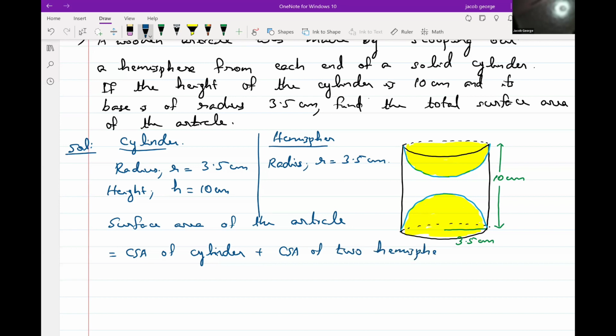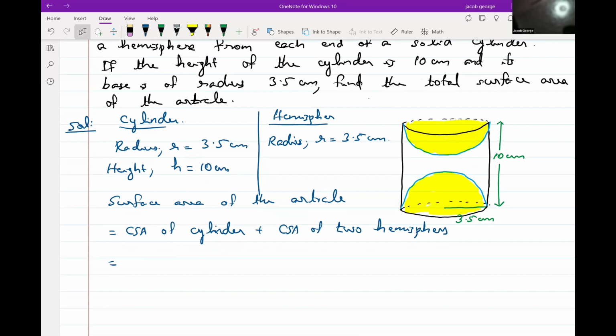What is CSA of cylinder? 2 pi RH, plus 2 times CSA of hemisphere, which is 2 pi R square.